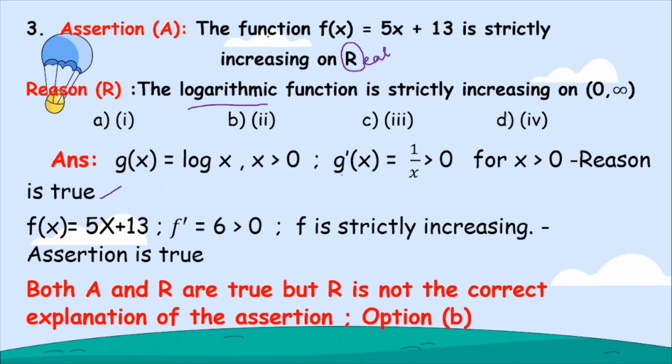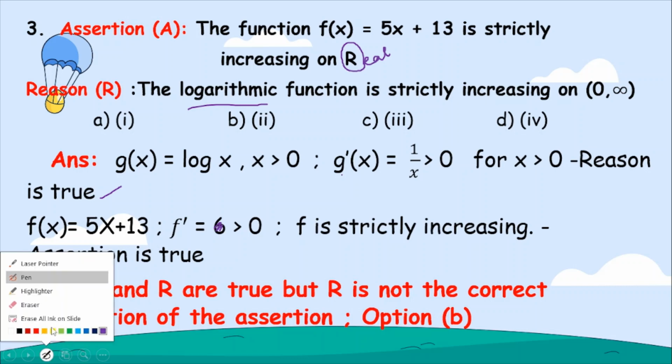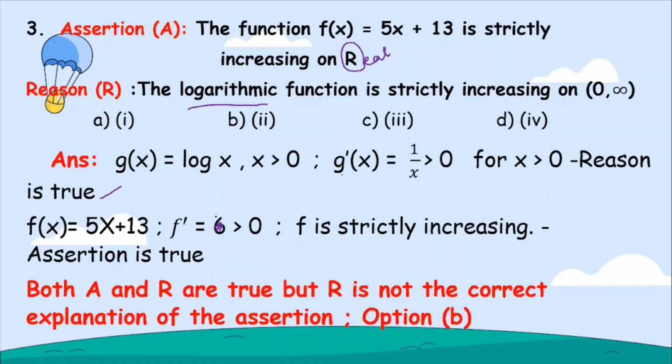Then go for the assertion. 5x plus 13 is strictly increasing on the real numbers. So find the first order derivative of this. 5x plus 13, if you differentiate, you will get 5. It is not 6, it is 5, because x is differentiated and becomes 1, so 5 will remain. 5 is greater than 0.